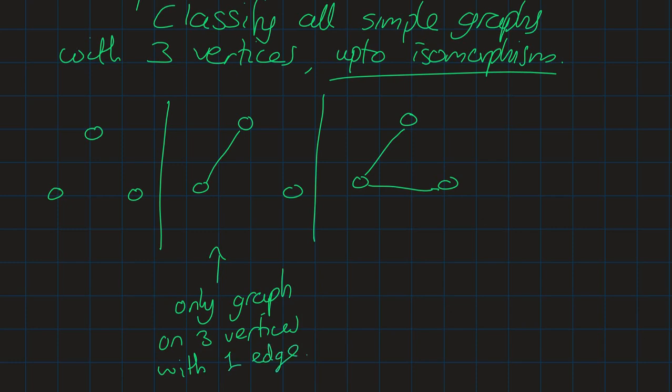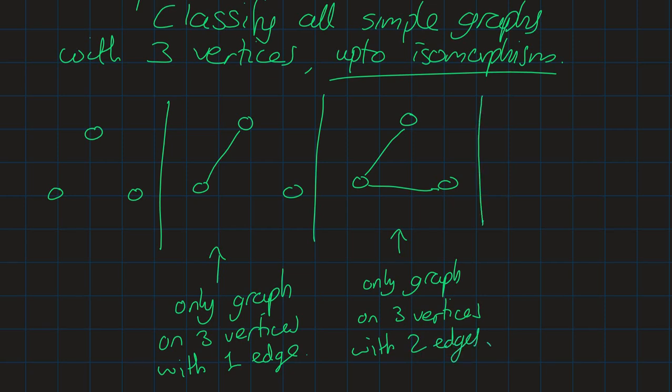Yeah, and similarly, if you think about it, this is the only graph on 3 vertices with 2 edges. So the next number of edges is going to be 3, and I don't really have a choice on how I do this. I have to do it like that, okay? And this is the only graph on 3 vertices with 3 edges.